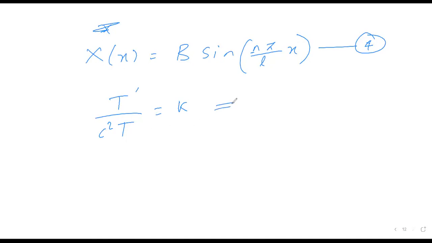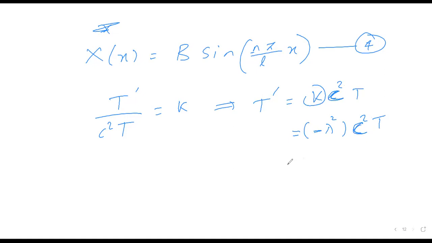So here I can say T dash is equal to k c squared T. Since I have found minus lambda squared for the k, I can substitute. That is the only non-trivial case I have. So minus lambda squared, c squared already there. You can write a capital C or something, because that is one of the constants.